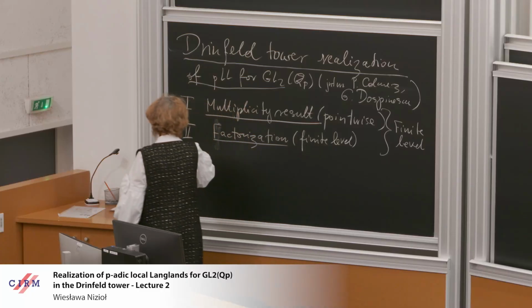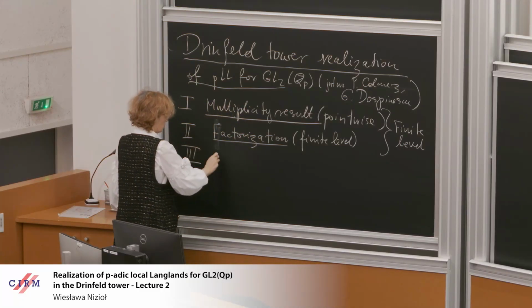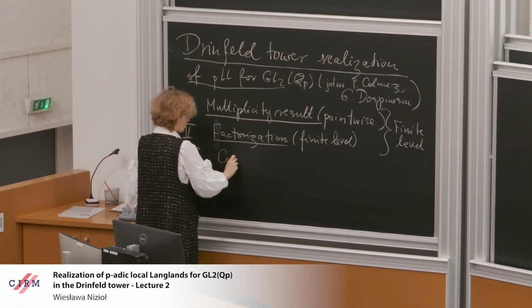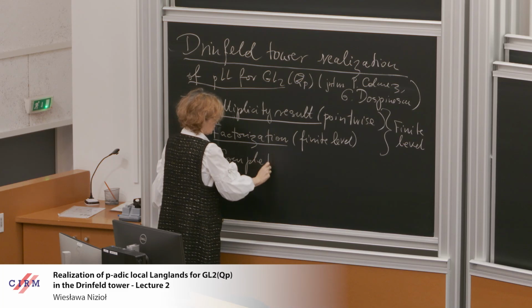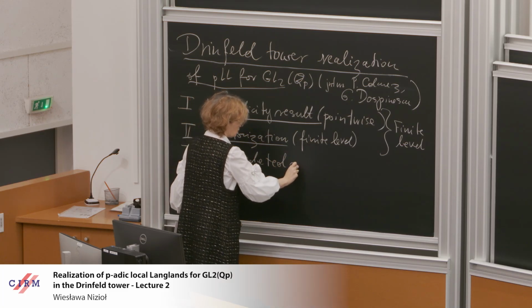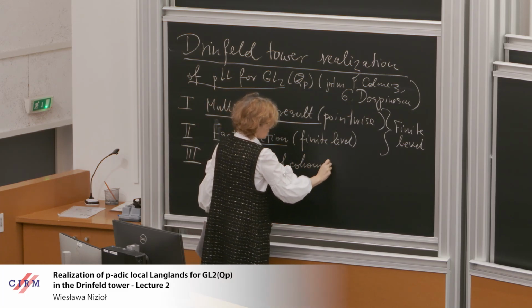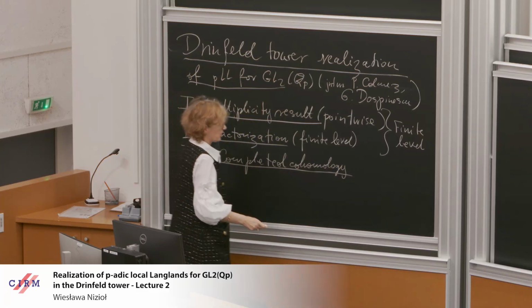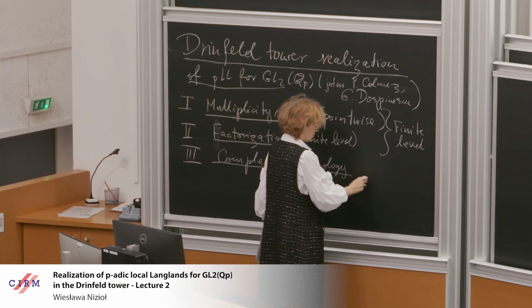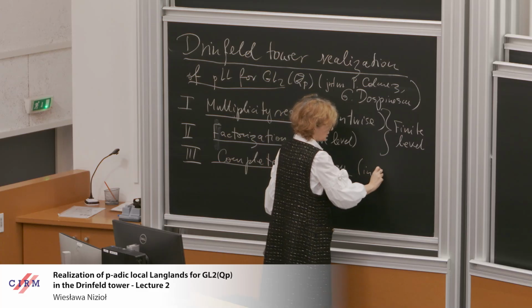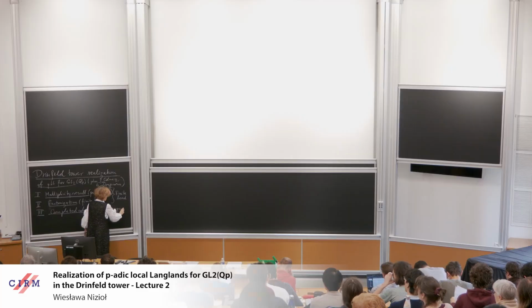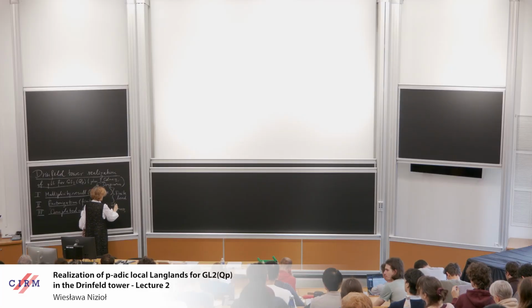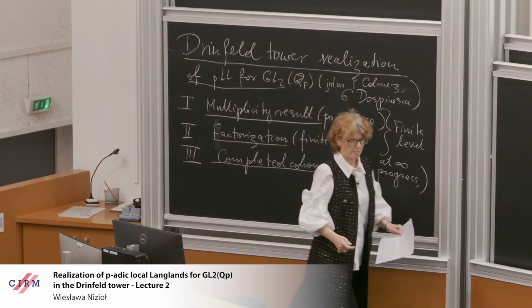The third one is in progress, and this is completed cohomology at infinity, so also factorization. Here I will just mention some pointwise result today. So in progress, at infinity, on the infinite level.